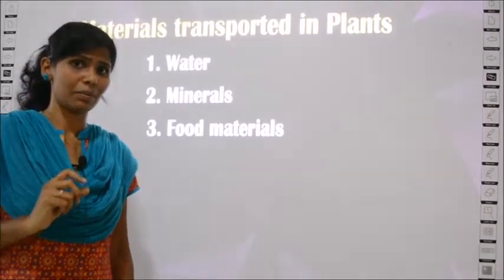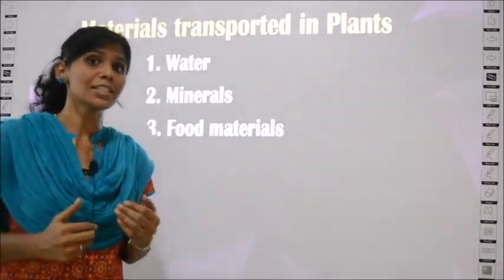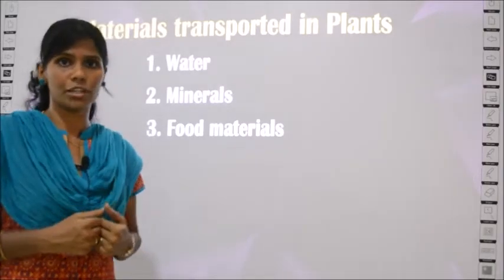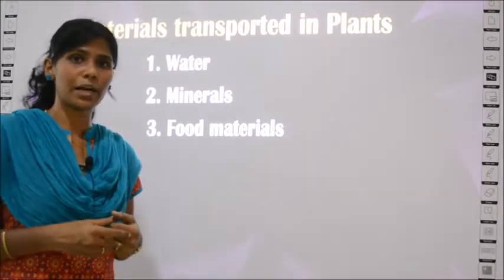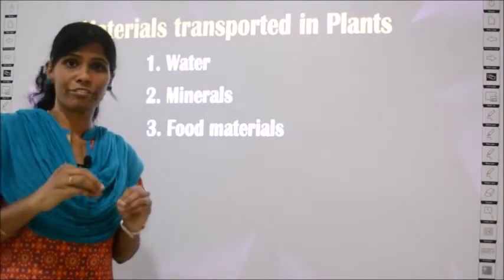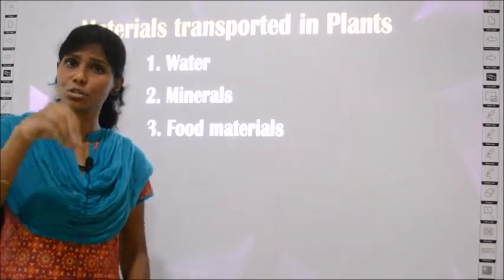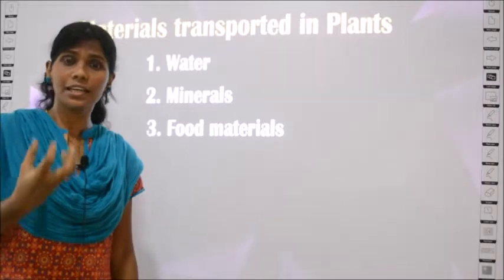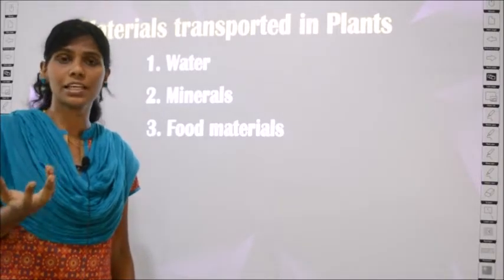What has to happen is that the minerals have to be dissolved in water first. So you pour water to the plant now. These minerals will dissolve first, just like when you add salt or sugar in water, it dissolves, right? It dissolves and you cannot find the particles anymore.